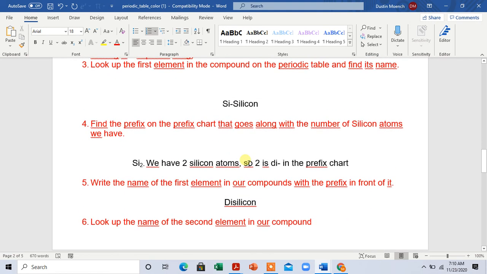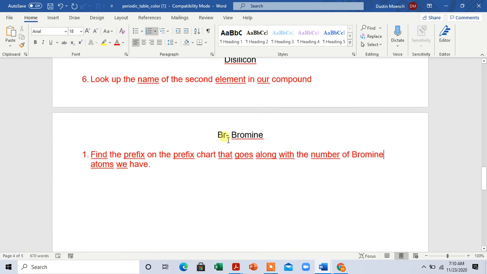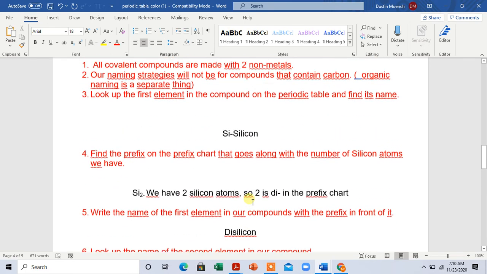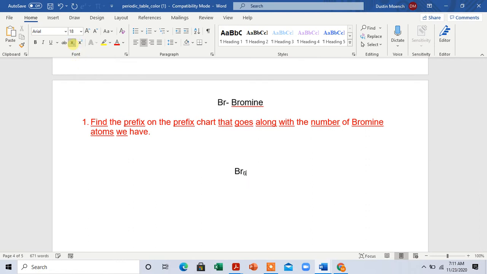So if we have, let me copy this back, Br6, if we have 6 bromine atoms, the prefix for 6 is hexa.